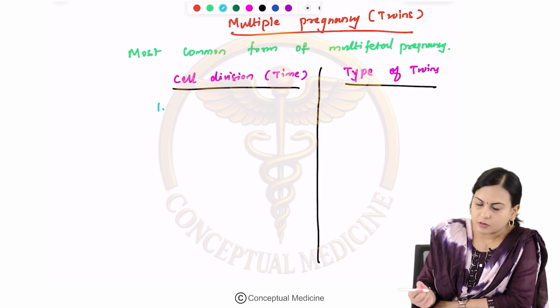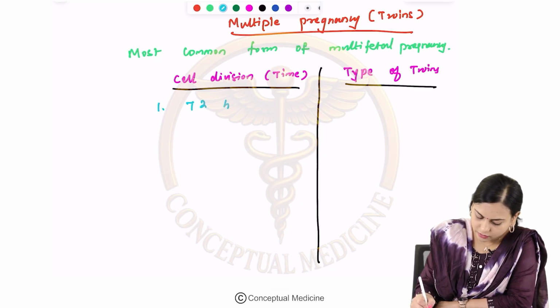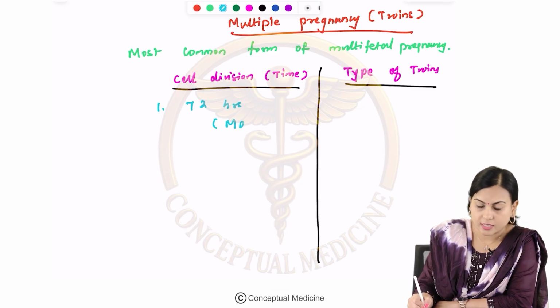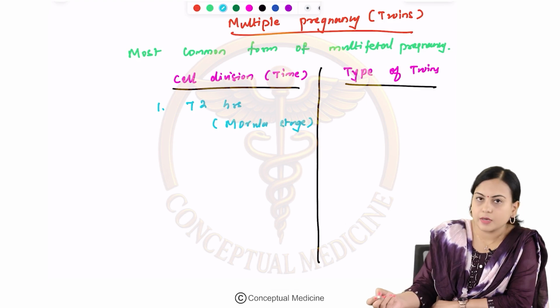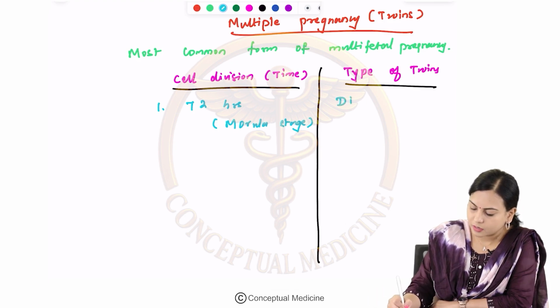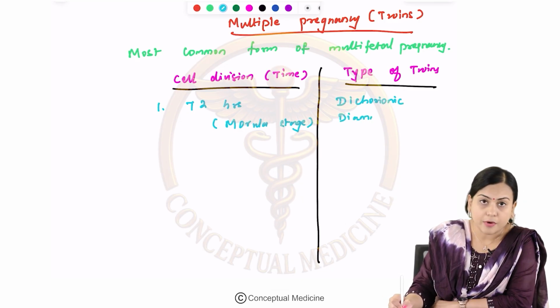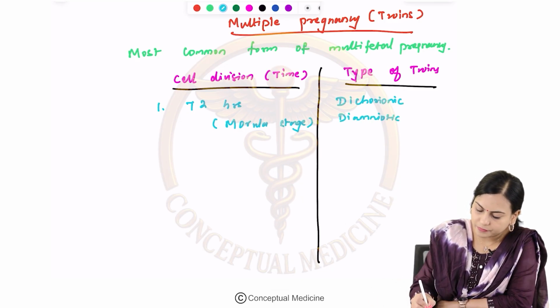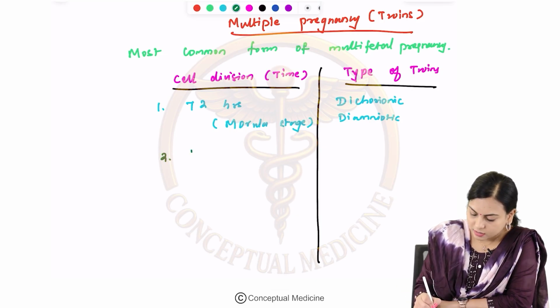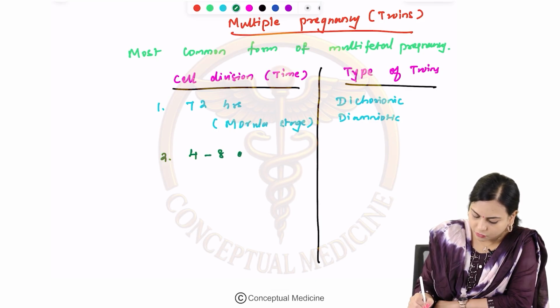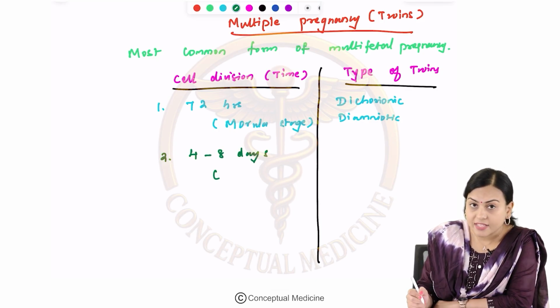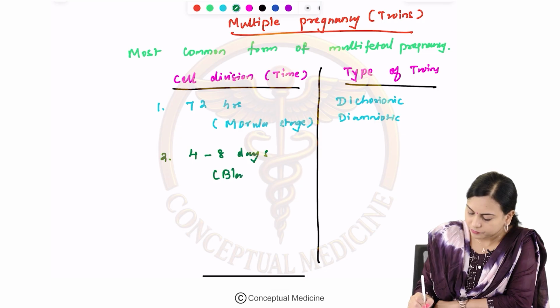So, first type where the cell division happens around 72 hours at the morula stage, we will be getting dichorionic diamniotic twins, okay? And the second type where the cell division happens between 4 to 8 days at the blastocyst stage, okay?